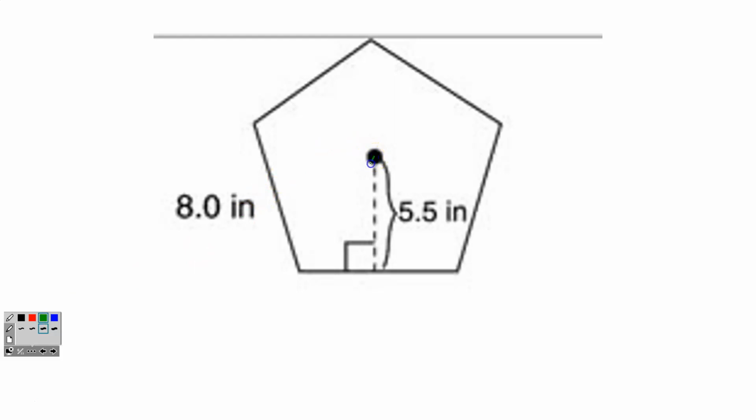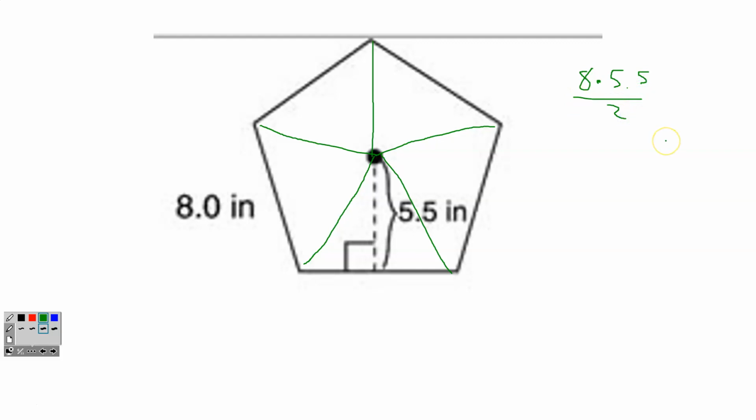So we've got our shape here. I can either break them up into triangles like this, and I can find the area of one of the triangles. The base is 8. We're going to times it by the height of the triangle, which is 5.5. And we're going to remember to divide it by 2 because we're dealing with triangles.